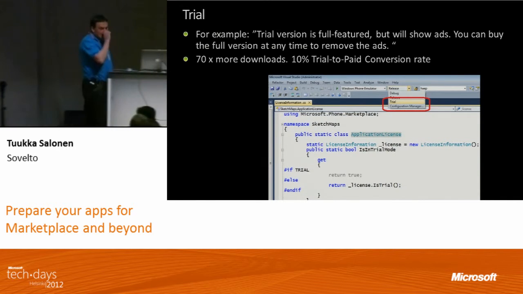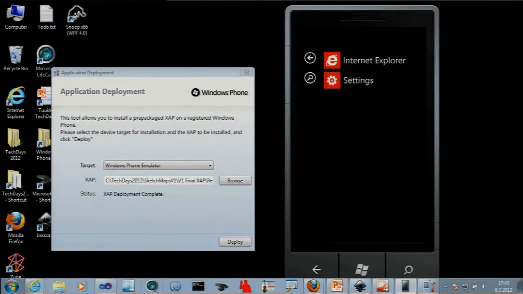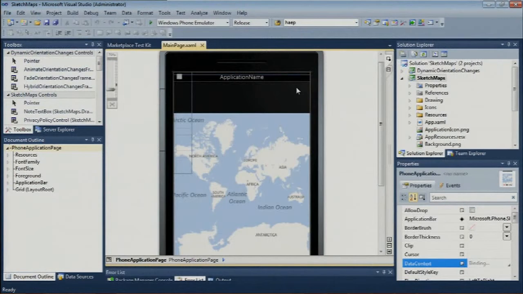It's as easy as that. Usually it's also a good idea to make settings for your Visual Studio so that you can actually test it. So, for example, in this case here, I have Visual Studio, and this is really the code of the sketch maps. So I have actually the trial version here.